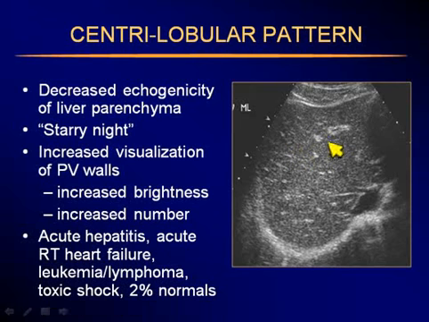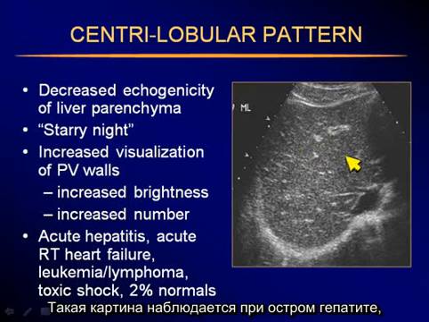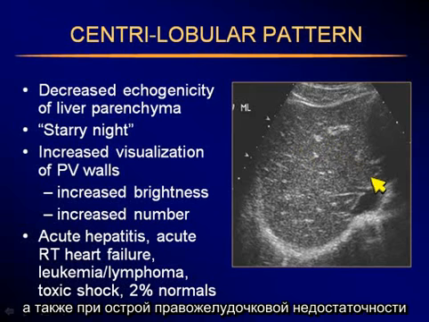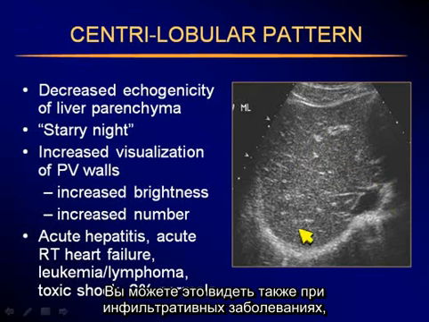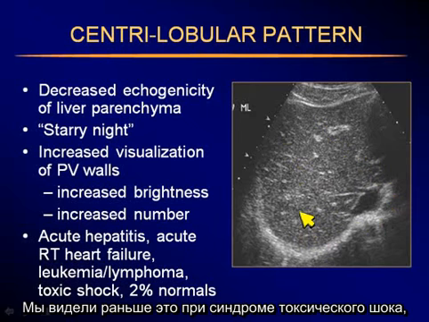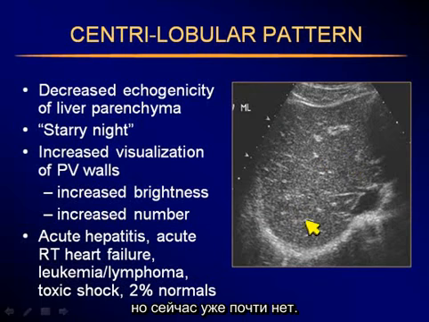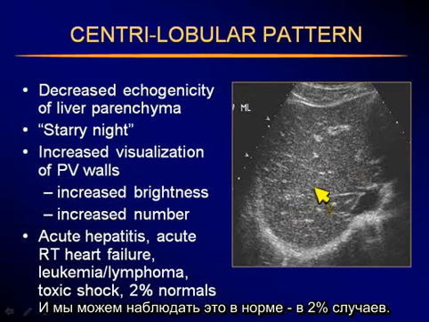This pattern is seen with acute hepatitis, also seen with acute right heart failure. You may see it with infiltrative diseases of leukemia and lymphoma. We used to see it with toxic shock syndrome, but we don't see that much anymore. And we can see it in 2% of normal cases.